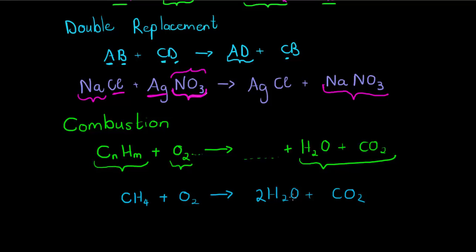Now that I've got that sorted, I see I've got 1 carbon here, 1 carbon there, that's fine. Then I can go to my oxygens. I've got 2 oxygens here and another 2 oxygens there, making it 4 oxygens. So I need to put a 2 there, and there I've balanced that equation.